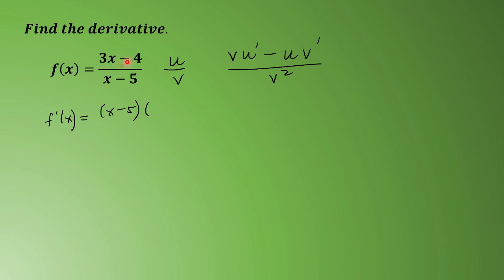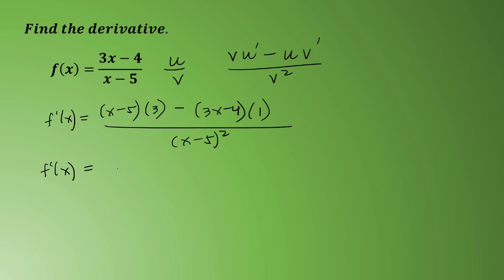Derivative of our numerator is 3, minus, let us copy u, which is 3x minus 4. And then the derivative of v, or the derivative of our denominator, is 1, over the square of our denominator.